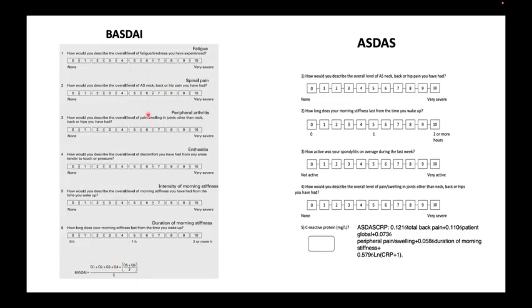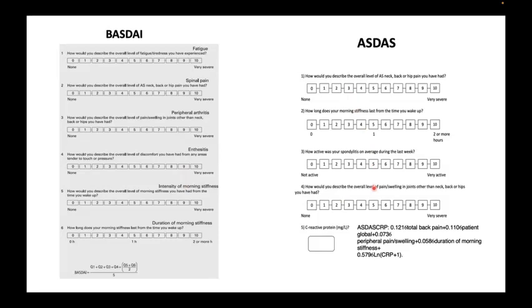Sorry, BASDAI includes neck and enthesitis, and for morning stiffness it includes two questions: the degree of morning stiffness and how long the morning stiffness lasts. But ASDAS is like a summary of BASDAI, and in addition it includes CRP.